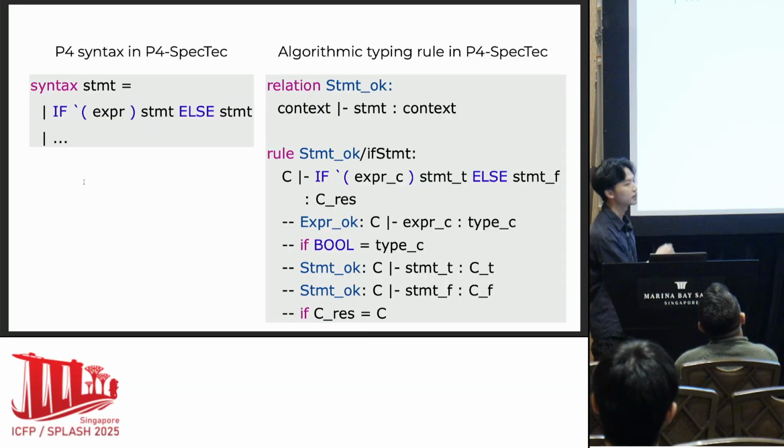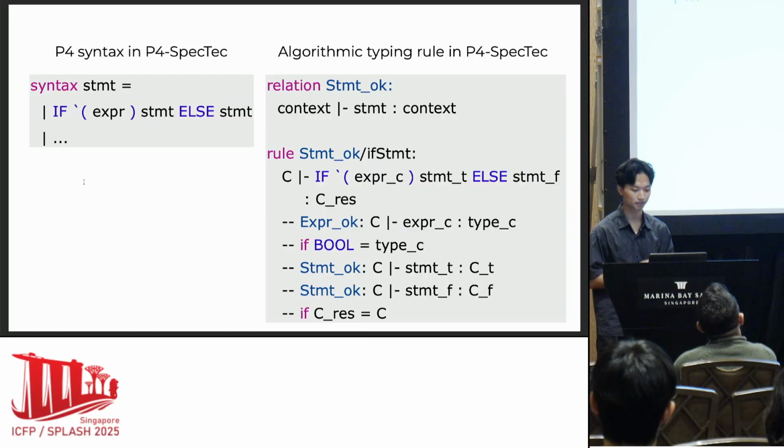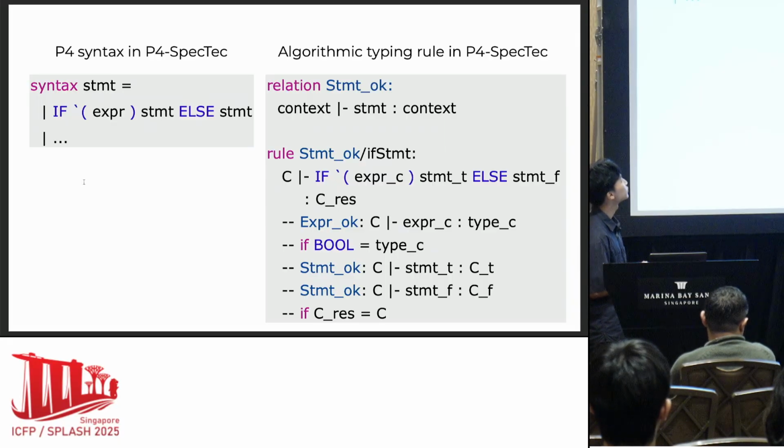And on the right, we define the algorithmic typing rule. On the top, we have a relation statement OK, which is basically a type signature for the inference rules. This reads, under a context, we will type check a P4 statement to yield an updated context. And below, we define an inference rule for the P4 if statement.